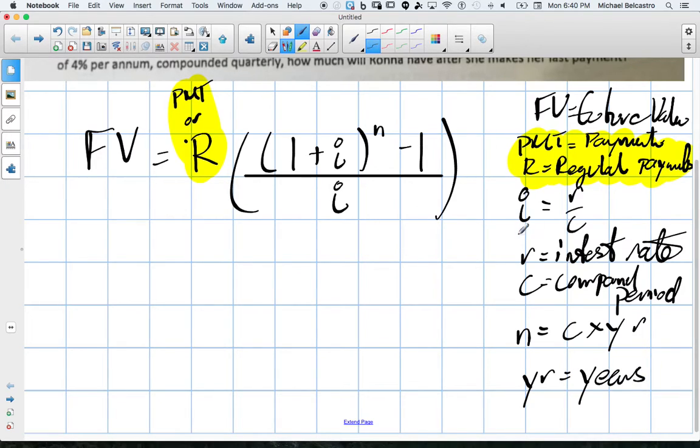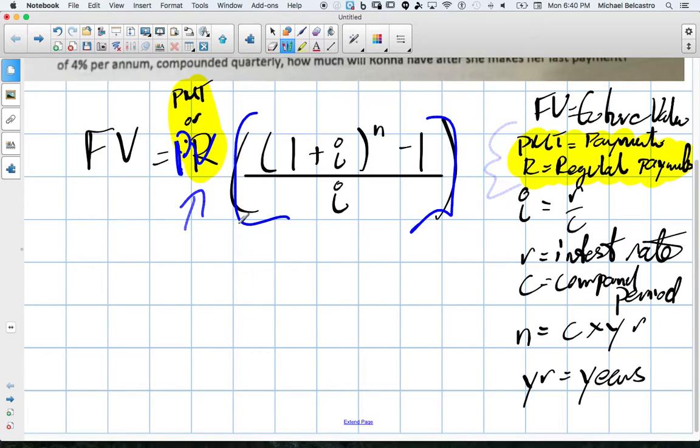So really, the only thing that's a little different here is these regular payments, as opposed to what they usually would consider the present value. These are called regular payments, and the assembly of the formula is different from a compound interest formula. But otherwise, the variables are essentially the same things.